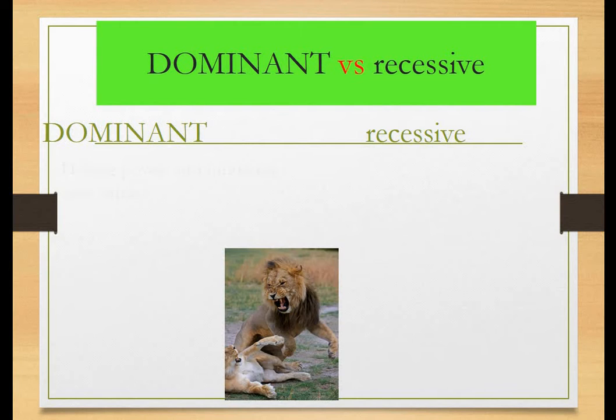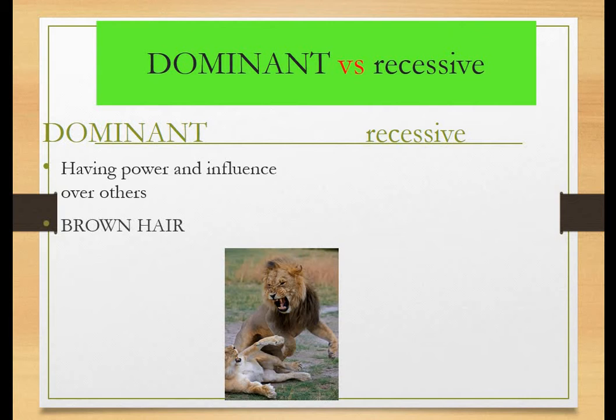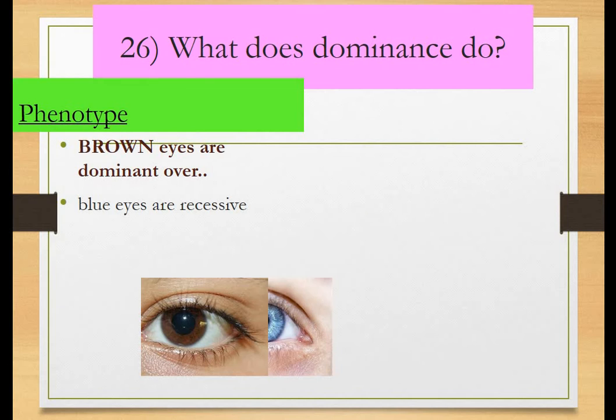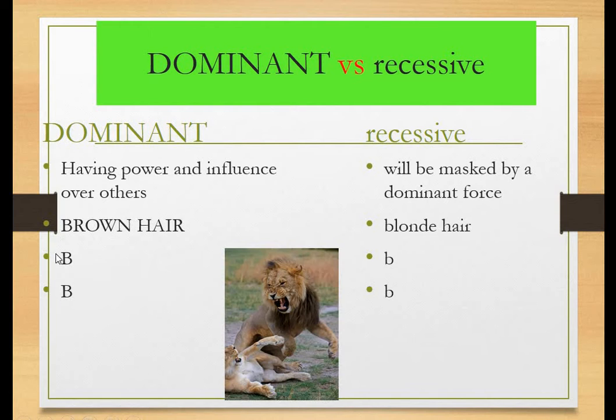So here we have lions, a male and a female. When we start looking at the genes, we could use letters to represent the genes. So if we're talking about brown hair, and brown is dominant, we'll use a capital letter.